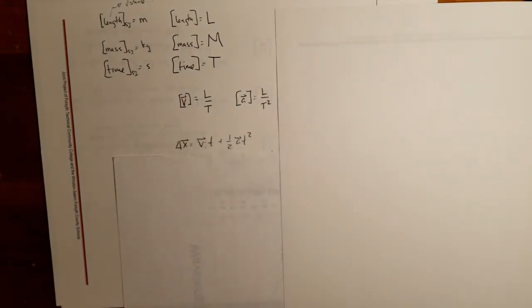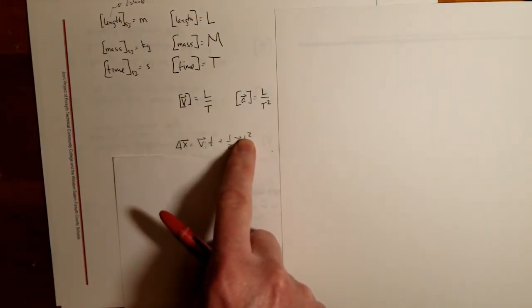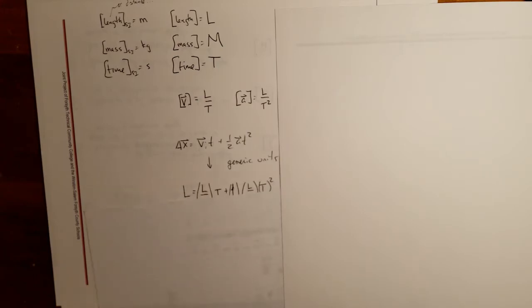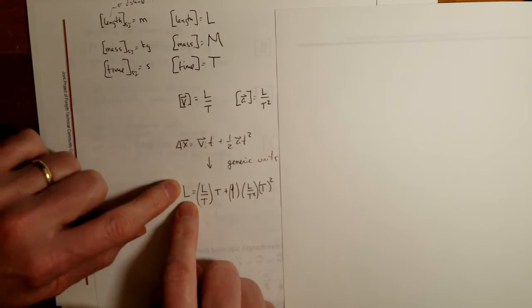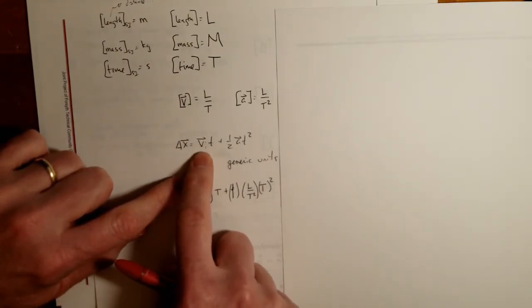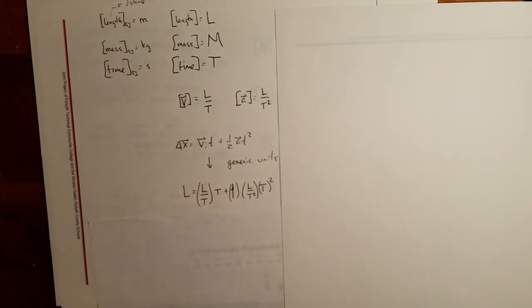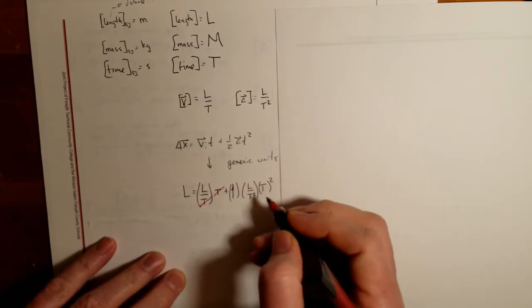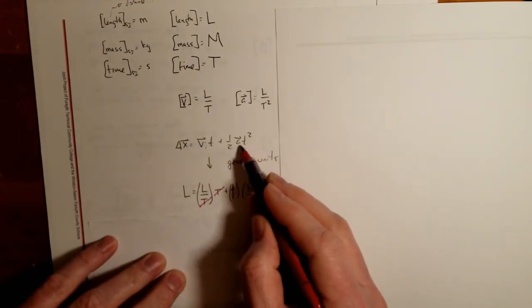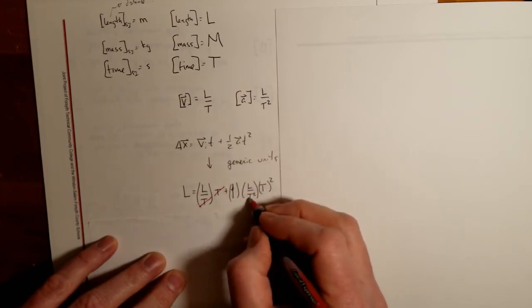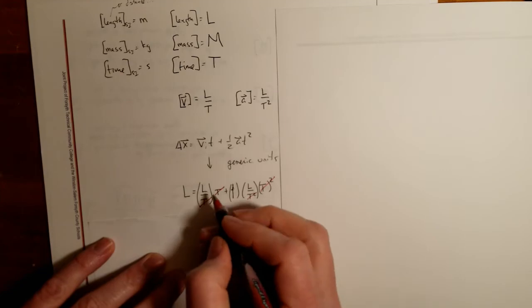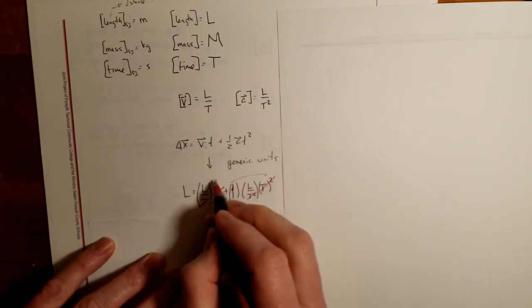So if we look at that equation again, this time with the correct square there, looking at generic units, this is displacement, which has the same units as distance or length, and so that would be L. And then we have L over T times T. And so the T's would cancel out, and then we have something that's unitless. A is L over T squared, time squared is T squared, the time squareds cancel out, and so I'm left with L and L, which would add together to get you L. And so dimensionally it works.